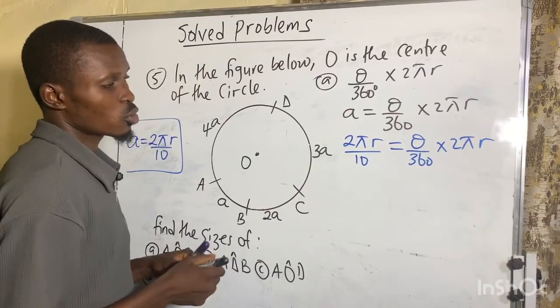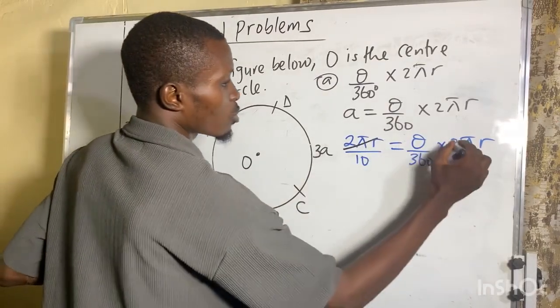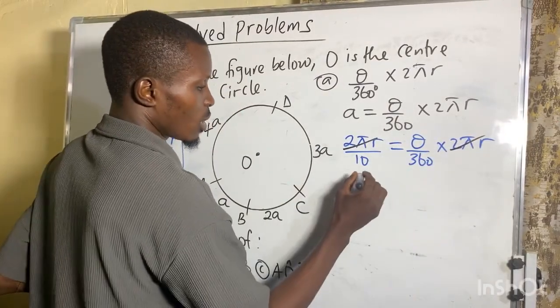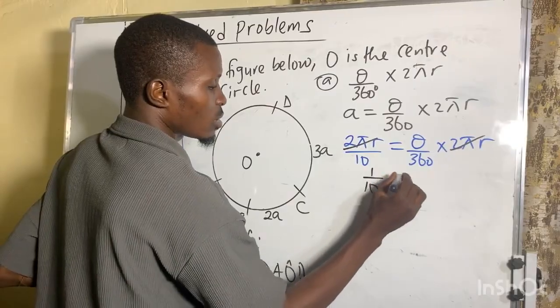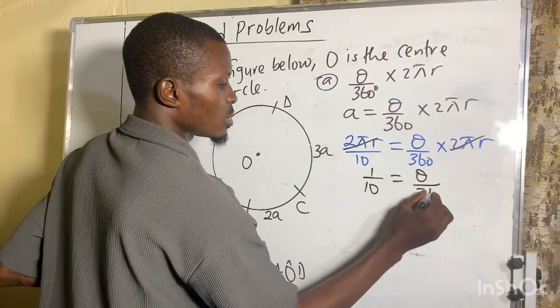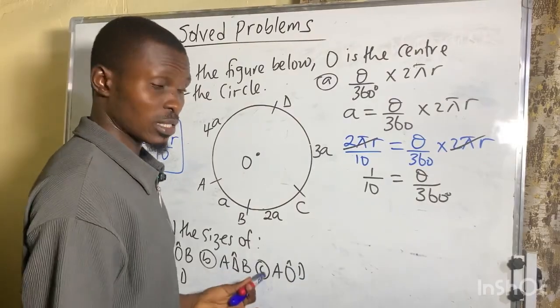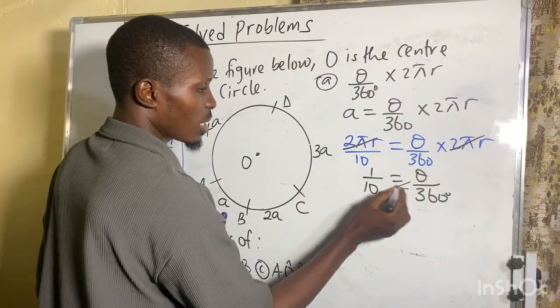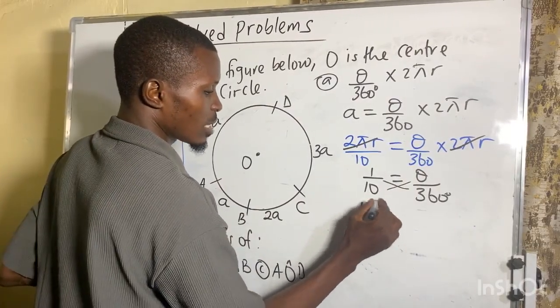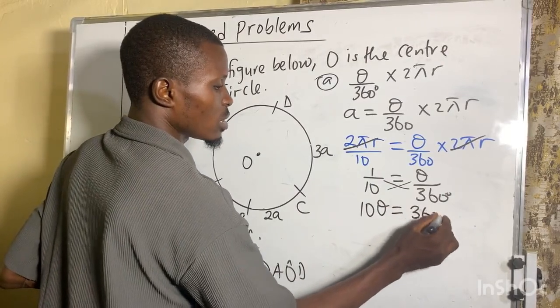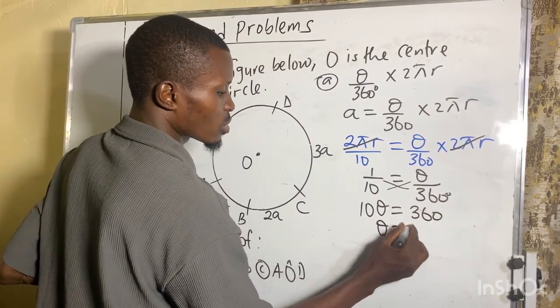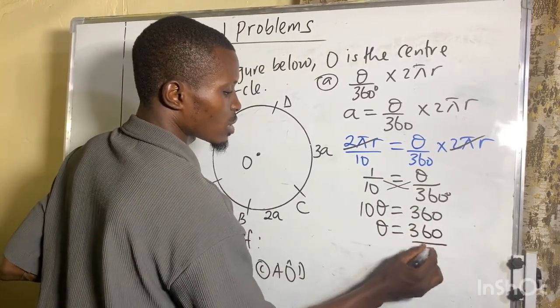All right. So what do you have now? 2 pi r can go with 2 pi r. So we have 1 over 10 equals theta over 360. Now, because I have equality sign between just two fractions, I can safely cross multiply. Cross multiply, I have 10 theta equals what? 360 times 1. So my theta is what? 360 over 10.